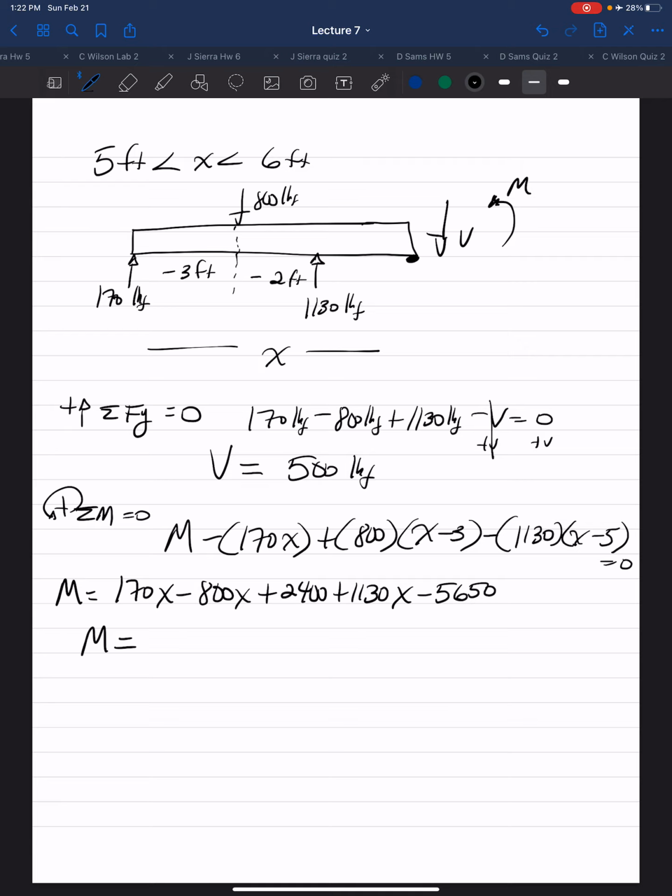I mean, sorry, not equals 0. You get M equals, combining like terms, M is equal to 500x minus 3250. And this is units of pound force feet.